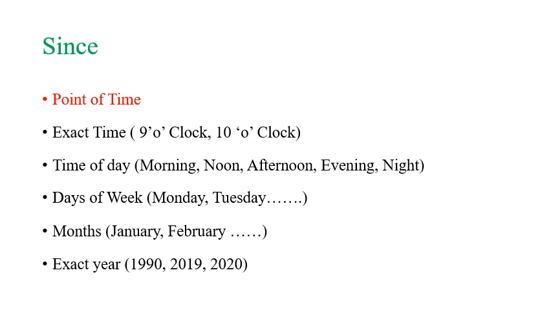Let us first discuss since. Since is the point of time. Point of time means that you know what exact moment or point the action of the verb started. If the exact time is mentioned in the sentence, like 9 o'clock or 10 o'clock or 3 o'clock or 4 o'clock, this is an exact point of time.